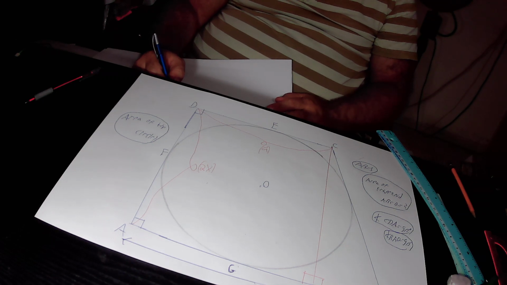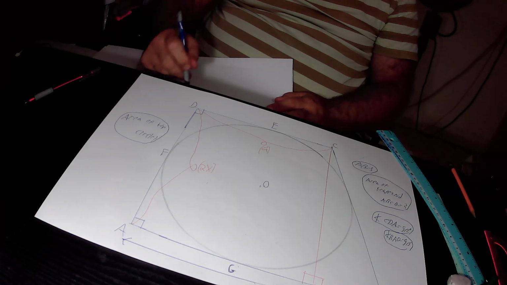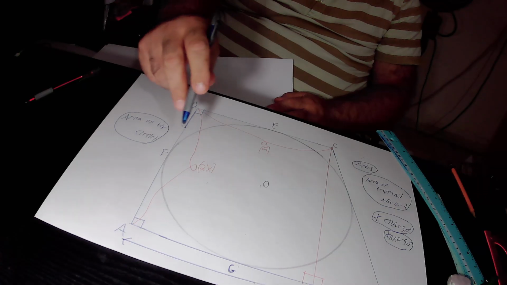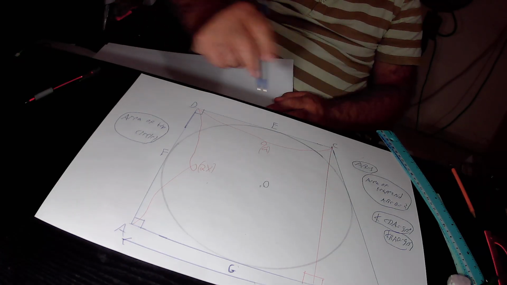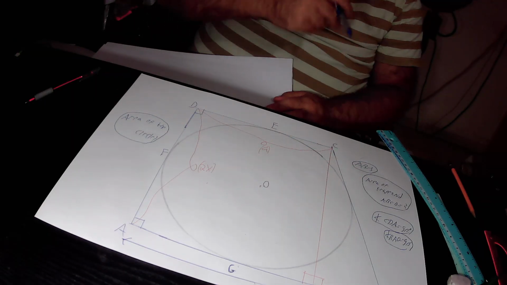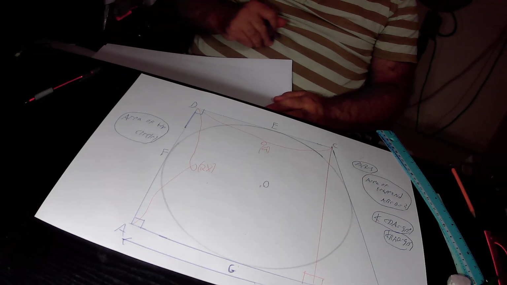We already proved in the first lecture that DC plus AB equals DA plus CB according to rule 2.